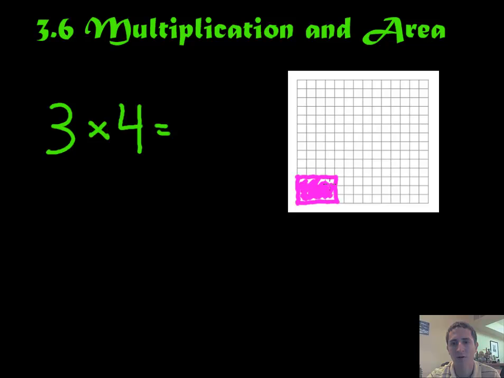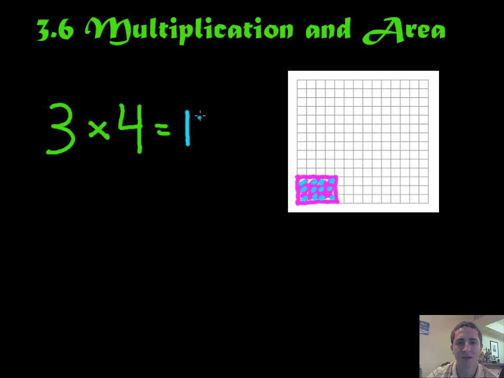And what you'll notice here is that I've shaded in 12 squares. I wish I could make it a little bit lighter to see, but let me dot it for you here. I've shaded in 1, 2, 3, 4, 5, 6, 7, 8, 9, 10, 11, 12 squares.